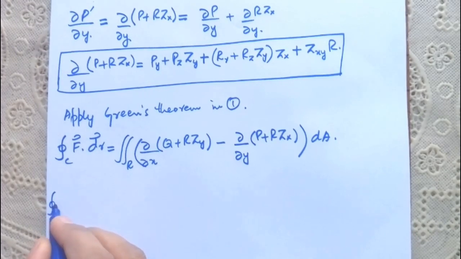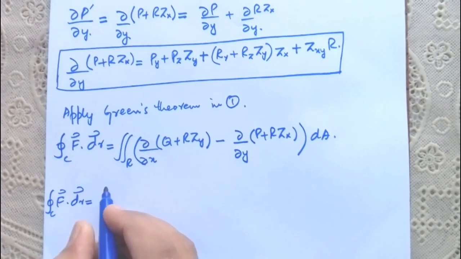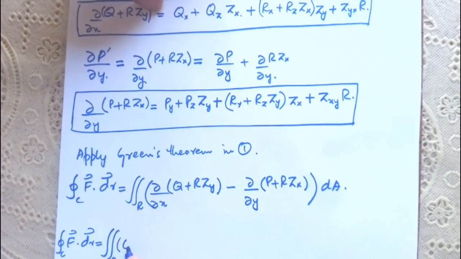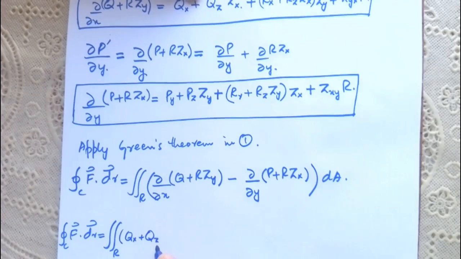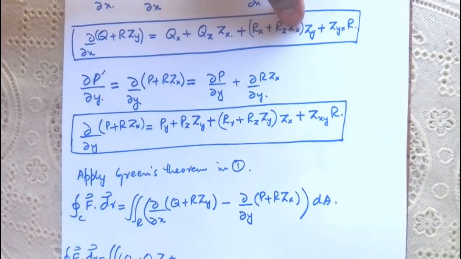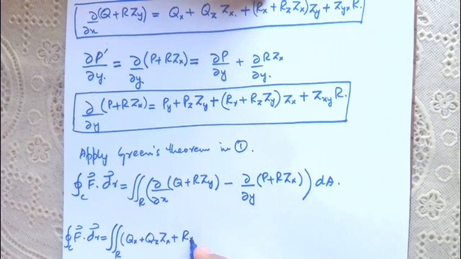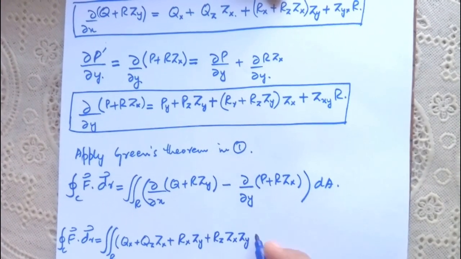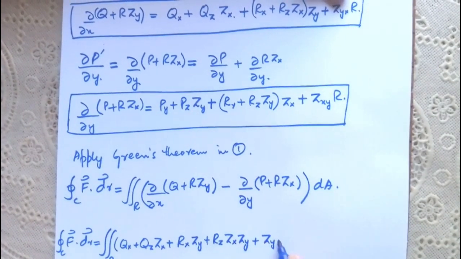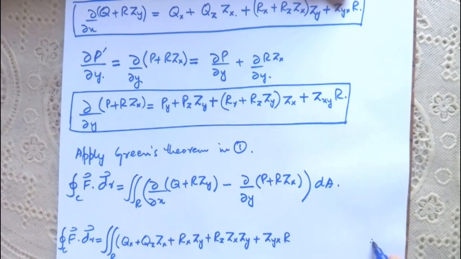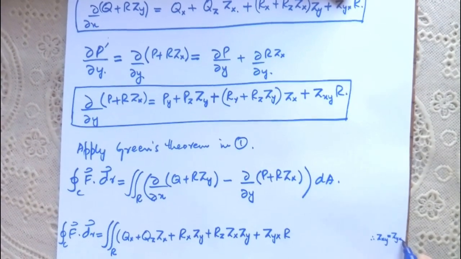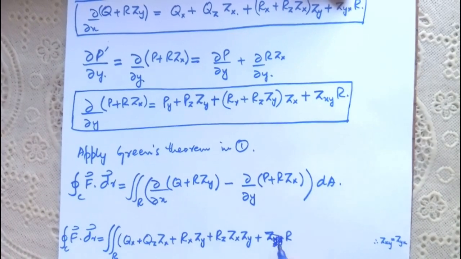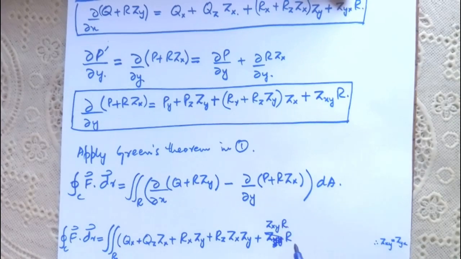Now we write the right hand side of these expressions. So line integral over the closed curve C of a vector field f dot dr is equal to double integral over the region R, and it is equal to qx plus qz zx plus, and we expand this, rx zy plus rz zx zy plus zyx r, and since zxy is equal to zyx, we can also write this as zxy r, right?